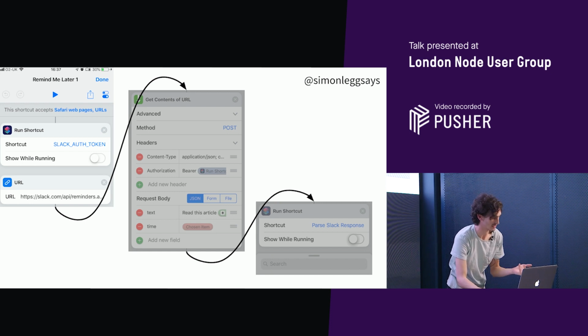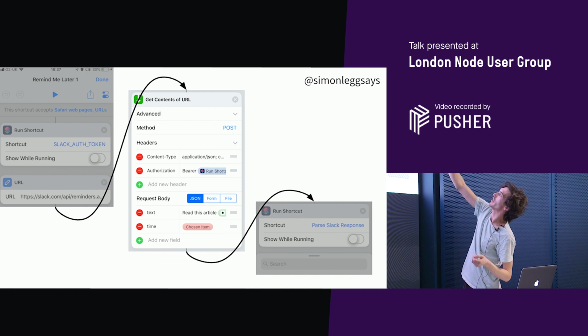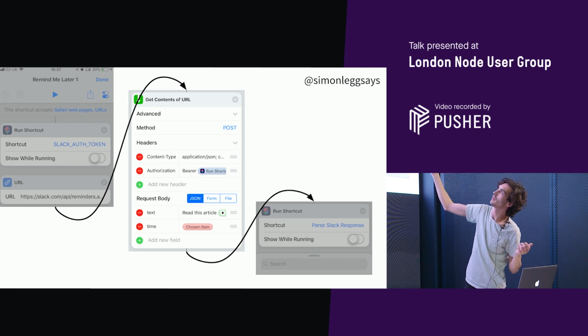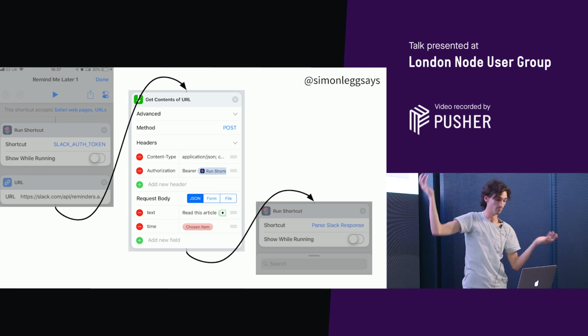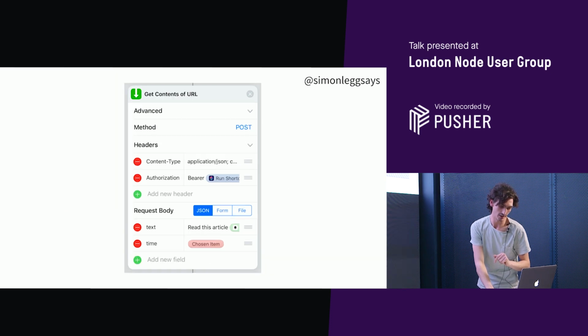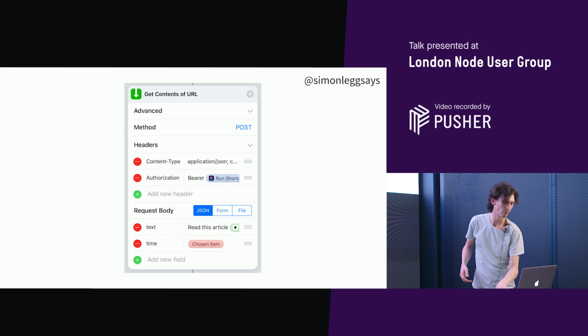That's from this Slack API. See where it's got run shortcut in the authorization header? That is the response of that Slack auth token shortcut. This creates a curl request. And, oh, there you go. That's that. I wrote these slides about an hour ago, so I don't really know what order they're in.